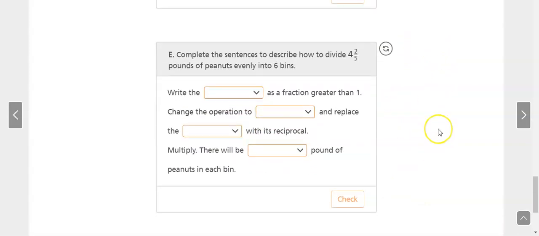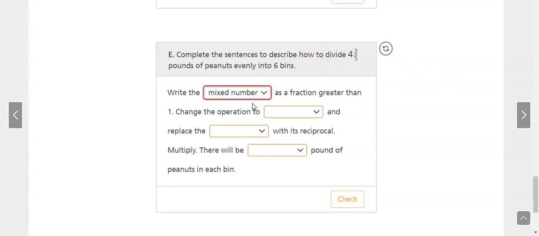And then complete the sentences to describe how to divide 4 2/5 pounds of peanuts evenly into 6 bins. We're going to write the mixed number as a fraction greater than 1.